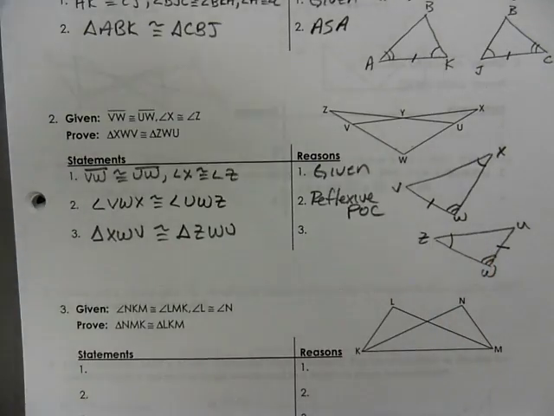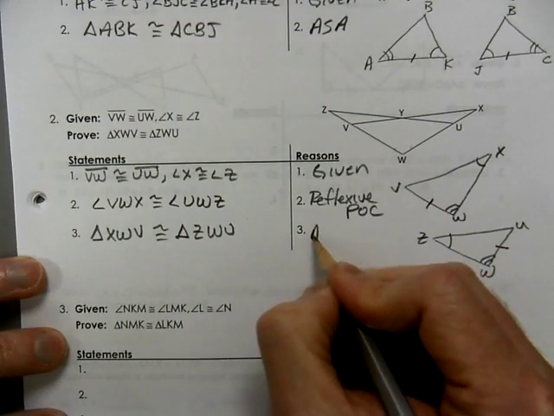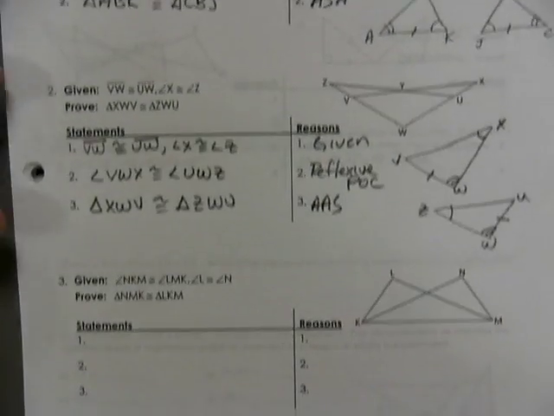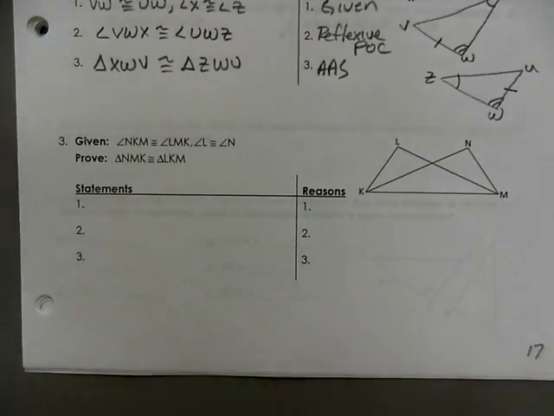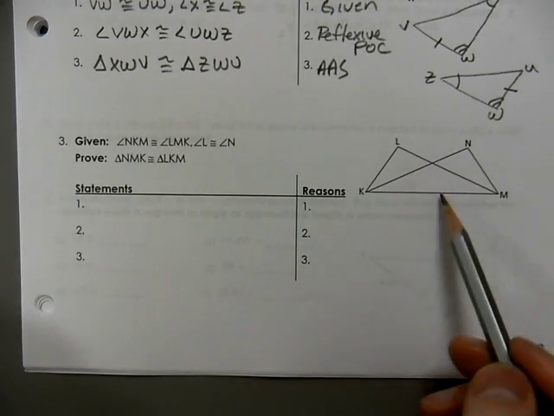And how would we prove the triangle is congruent? We have 2 A's and the S on the outside. Angle, angle, side. Again, our triangles are overlapping.